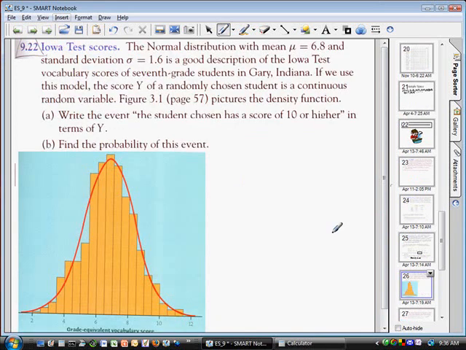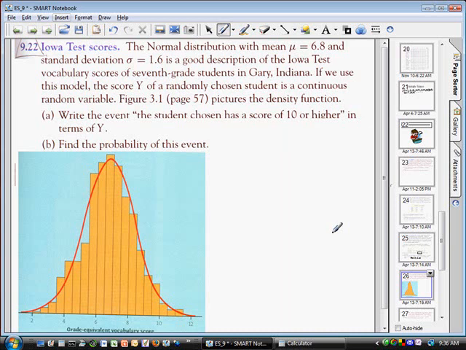Okay, P22, or problem 22, 9.22, sorry. I'm on P's now. Iowa test scores. The normal distribution. I don't know. Did any of you used to take Iowa tests? Yeah, a bunch of people have used those. It was a very commonly used achievement test.